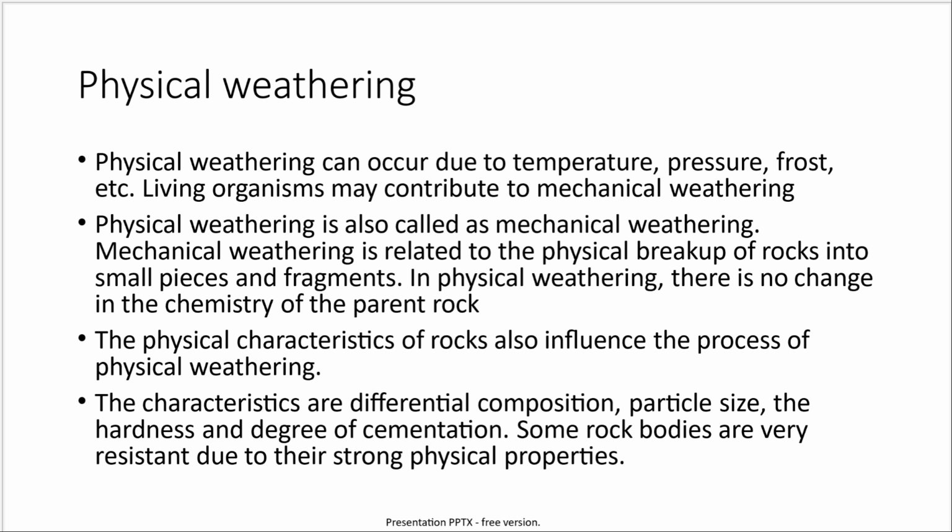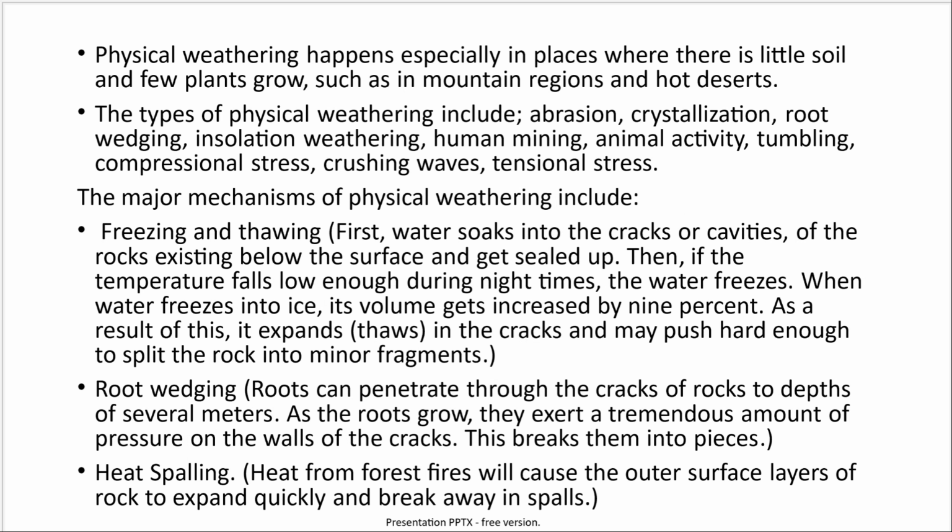Physical weathering happens especially in places where there is little soil and few plants grow, such as mountain regions and hot deserts. So, plants and trees prevent weathering to a certain limit. They prevent the physical weathering.